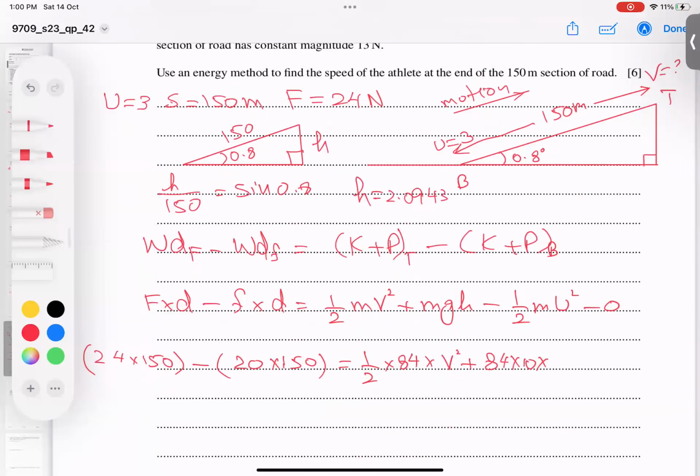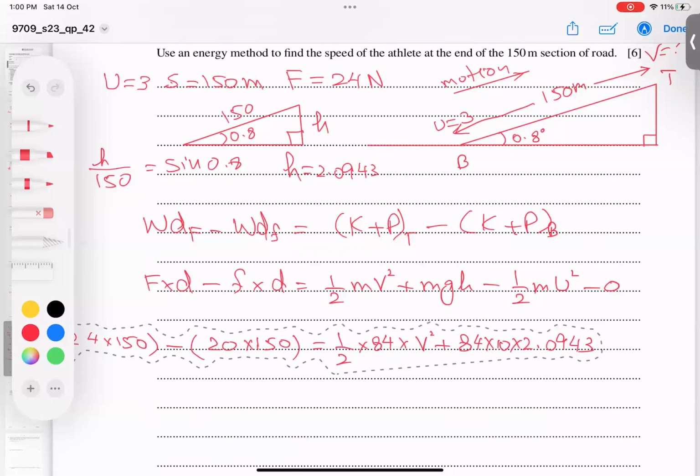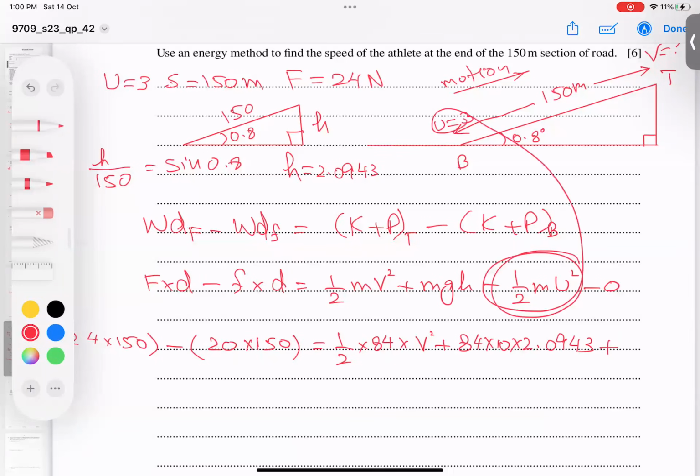Now I'm going to plug in. For mgh, I'm writing 2.0943. What is left, students, is only the last part, half mv squared, and then I will type it in the calculator.